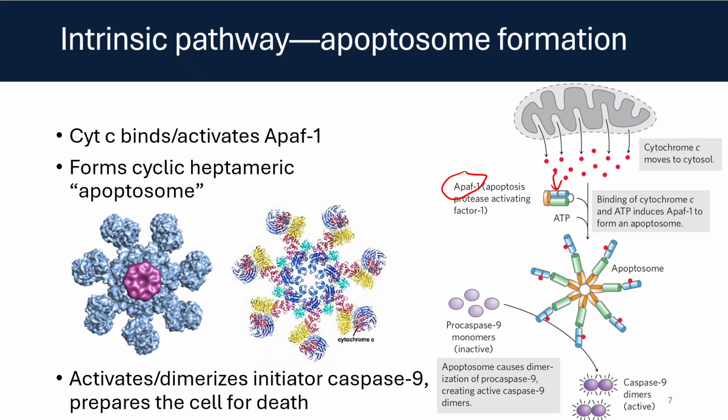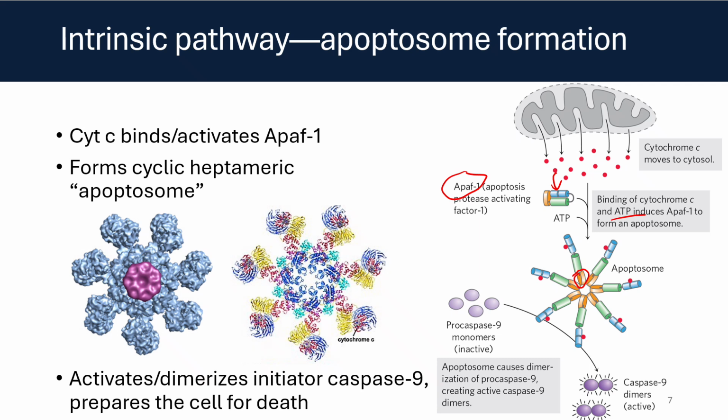With a little help from ATP, we can unwind this multicolored, complicated set of domains to create an exposed sticky region down there, shown in orange. And that's going to recruit and bind 6 other activated APAFs.